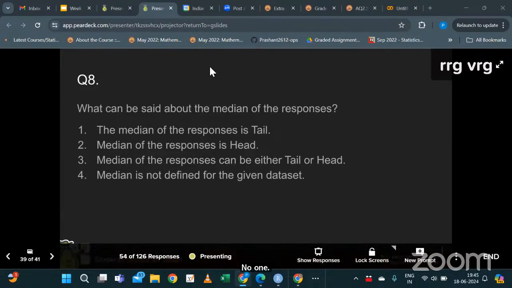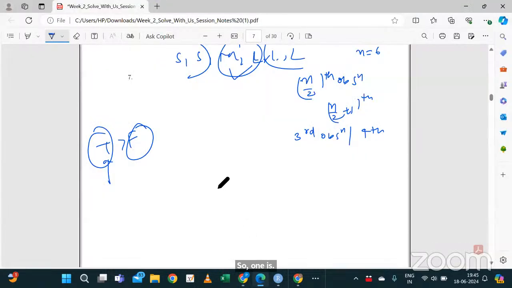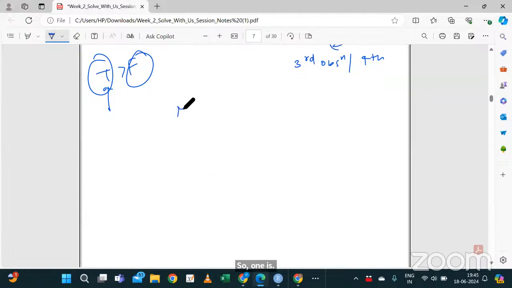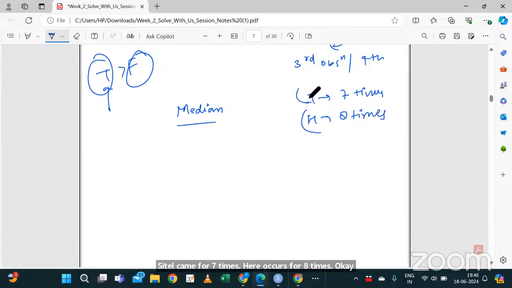Sir, I selected option 1 because I thought a very large number of tails were coming, so I took tail. Okay, so can you tell me, for median, what do we have to do? See, tail came 7 times, head occurs 8 times. It's not about which one is occurring most often, that is the mode. For the median, first see whether you are able to order or not.